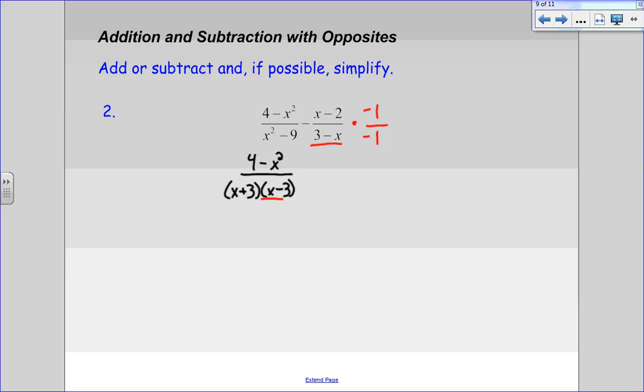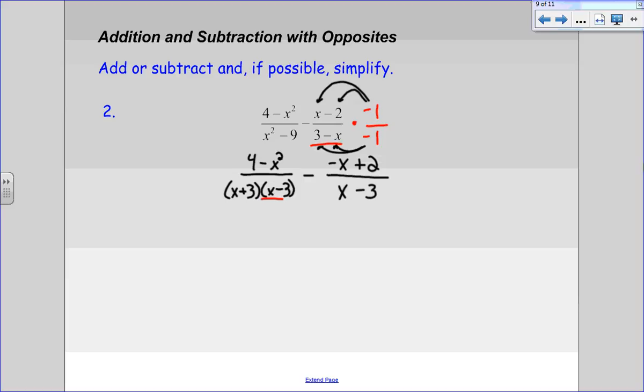So I'll carry down my minus sign. I'll rewrite my numerator by distributing that -1. So I would get a negative x plus 2 over my denominator of -3 and a positive x.